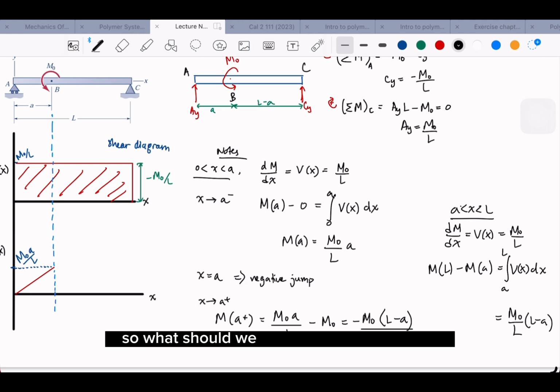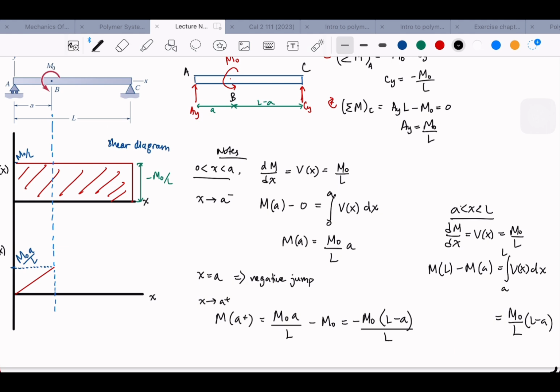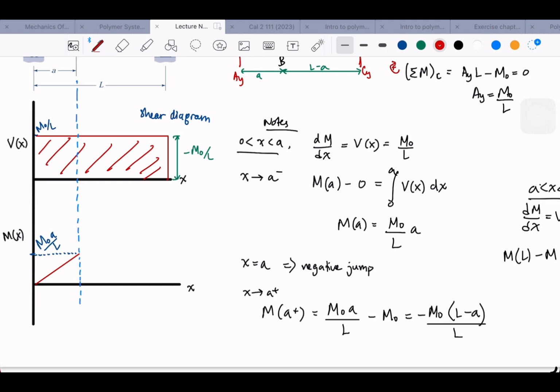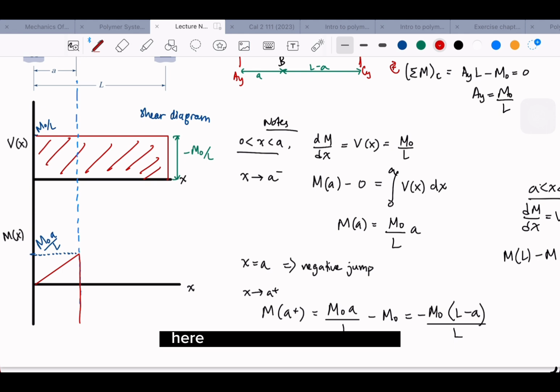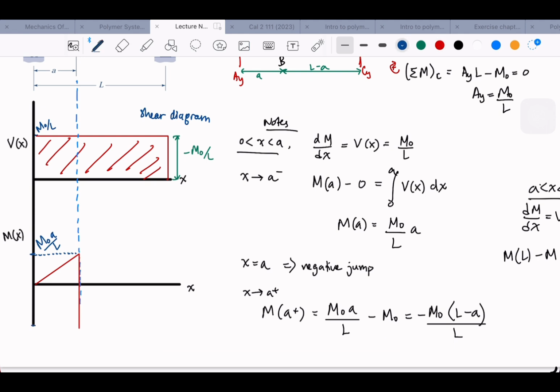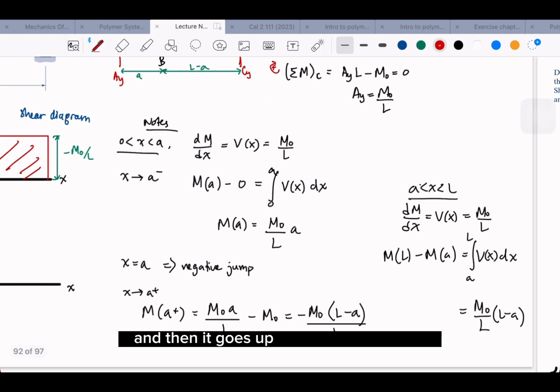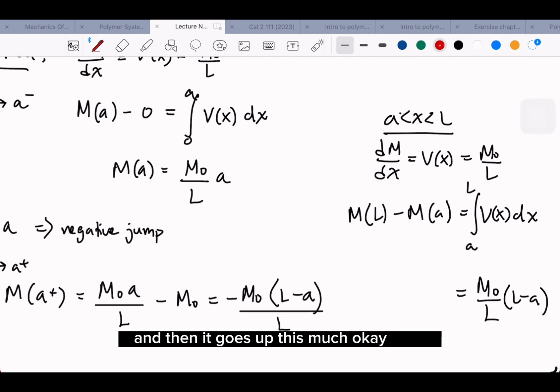So what should we write on the diagram? So we should write that the M is going down here. We have a negative jump. That is equal to negative M0 L minus A over L. And then it goes up this much, okay?